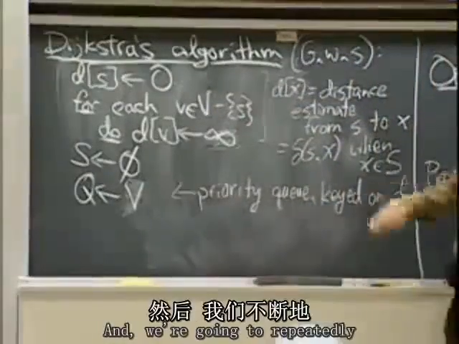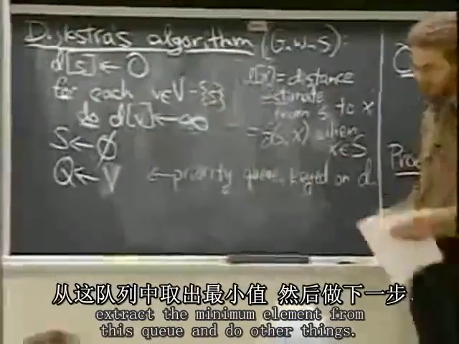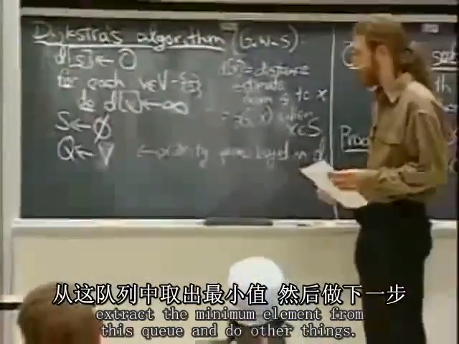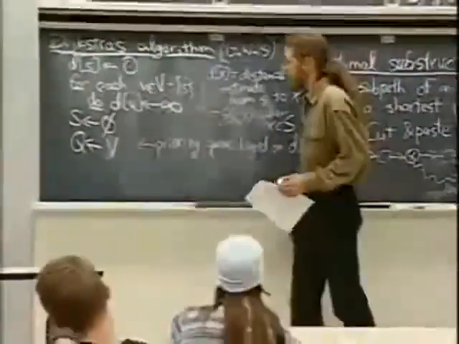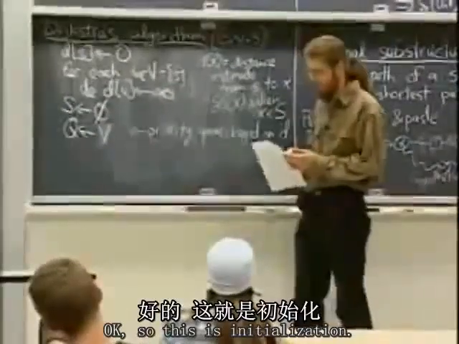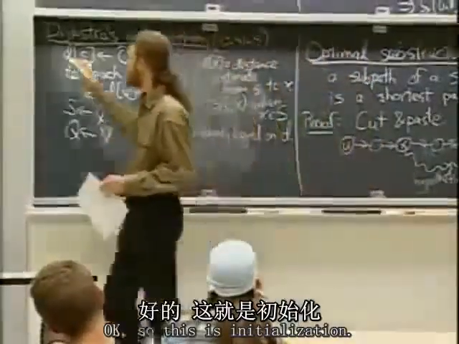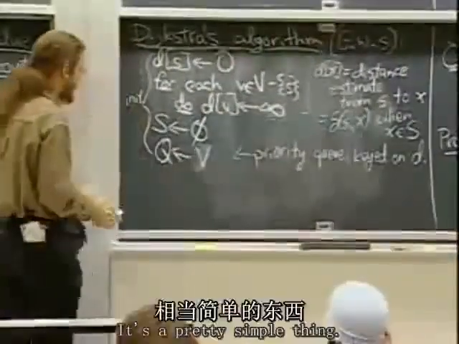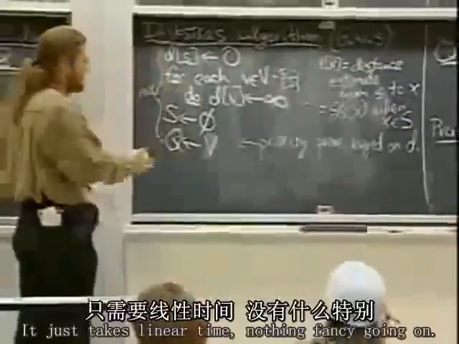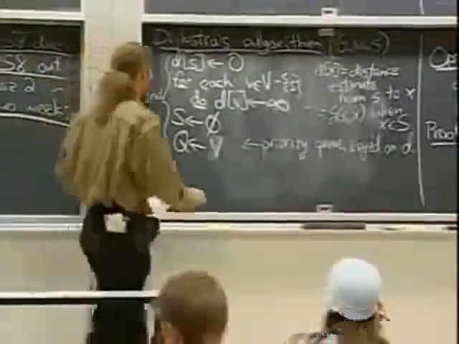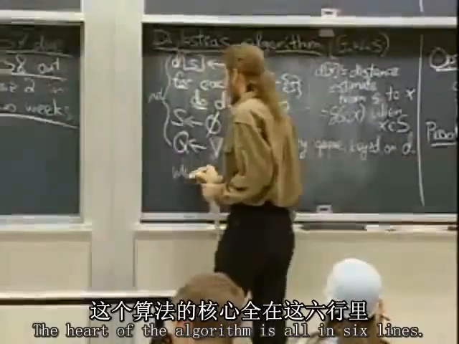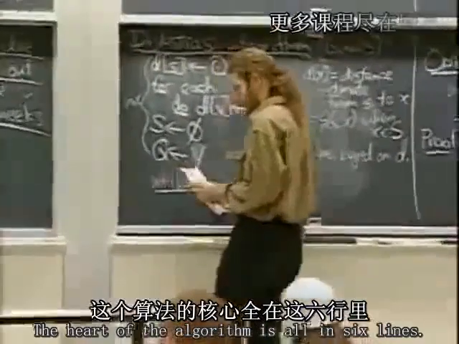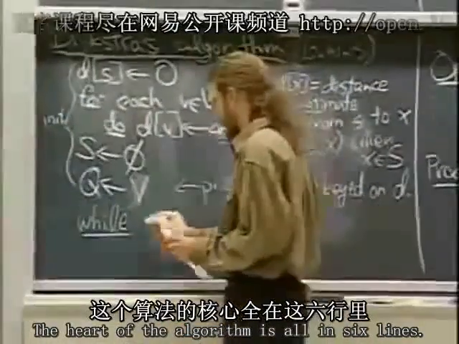And we're going to repeatedly extract the minimum element from this queue and do other things. So this is initialization. I'm going to call that initialization because it's a pretty simple thing. It just takes linear time, nothing fancy going on. The heart of the algorithm is all in 6 lines.